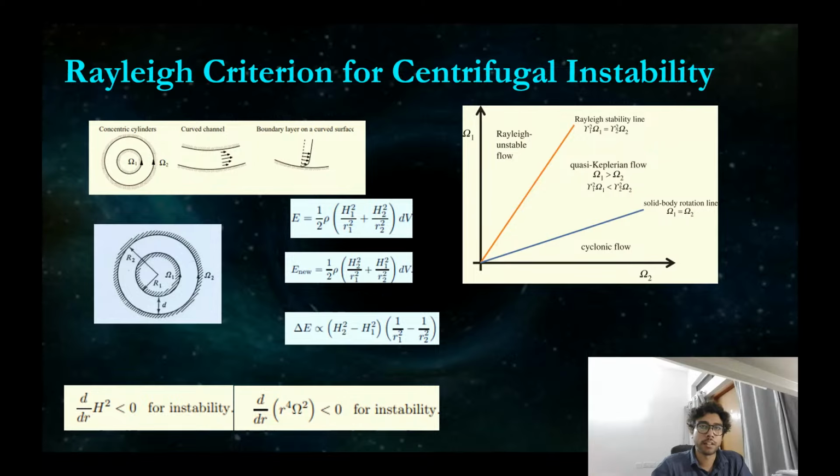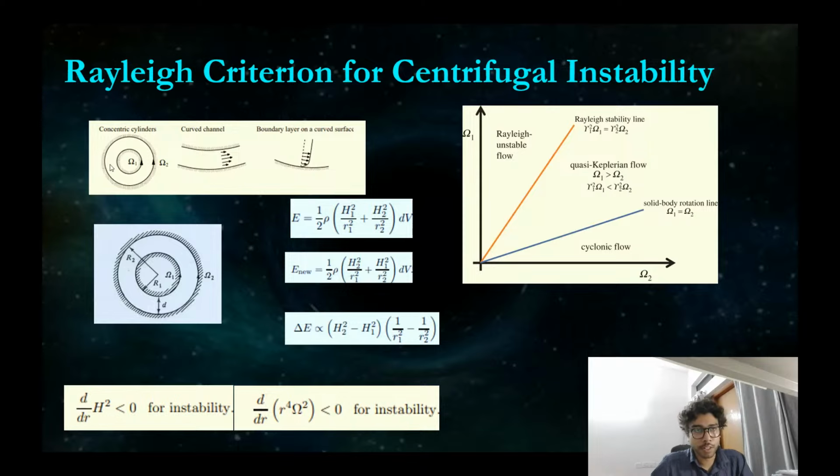In fact, the sun, our star, also has a differential rotation. It does not have a solid body rotation. So either the viscosity is not too high, or there is something else going on. So that's what we want to study over here.